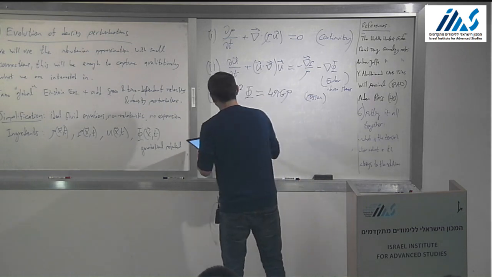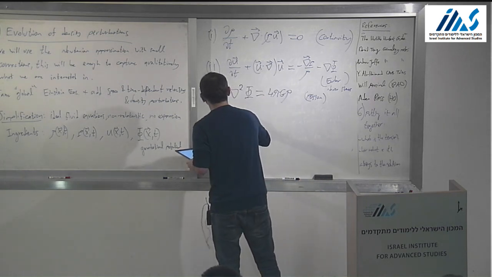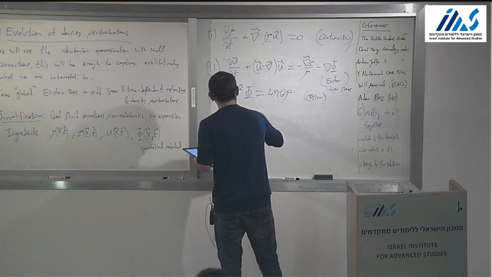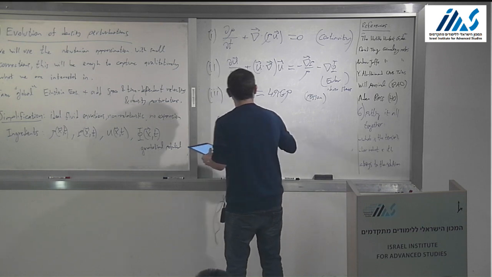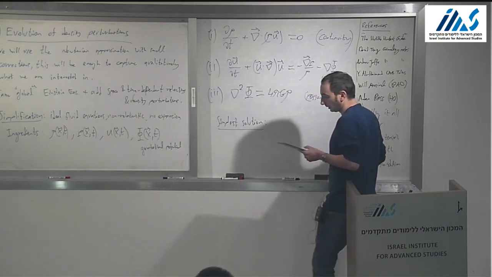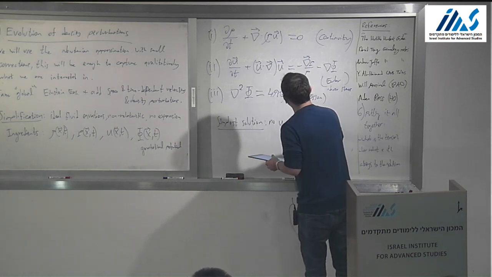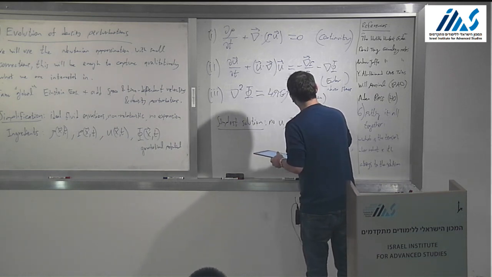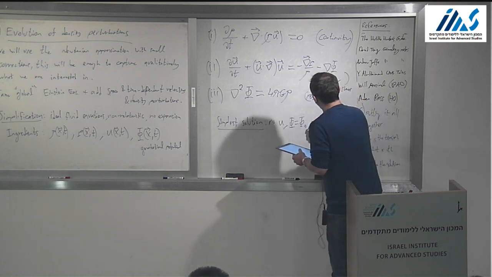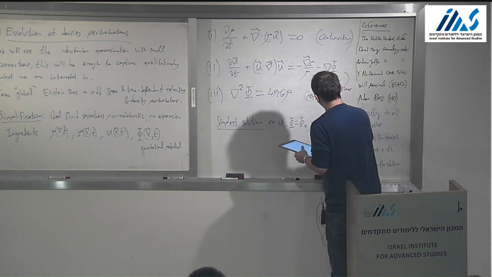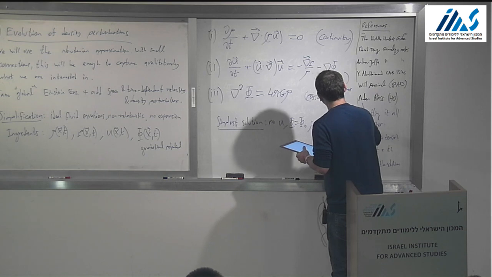All right. So what's the simplest solution? The simplest solution is no velocities, constant gravitational potential, constant pressure, and constant rho.